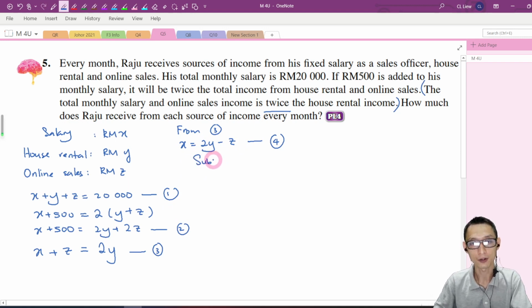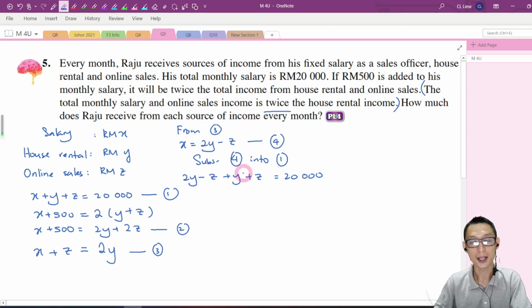Substitute the fourth into the first equation. Whenever I see an x, I'm going to change it to 2y minus z. So 2y minus z plus y plus z is equal to 20,000.